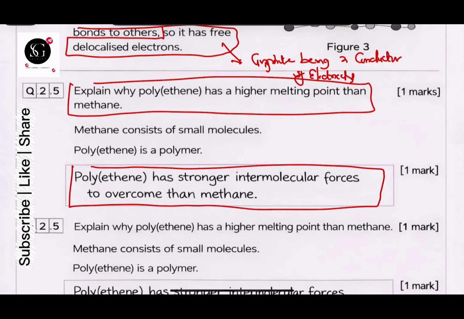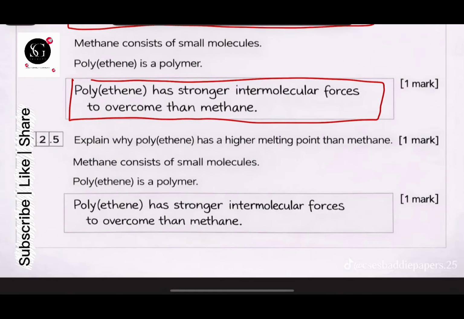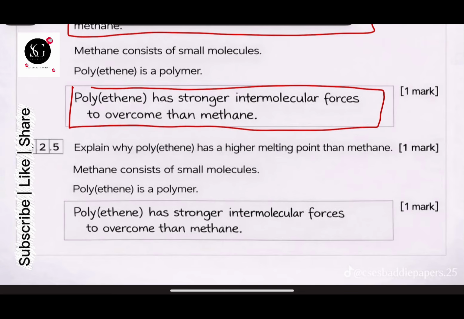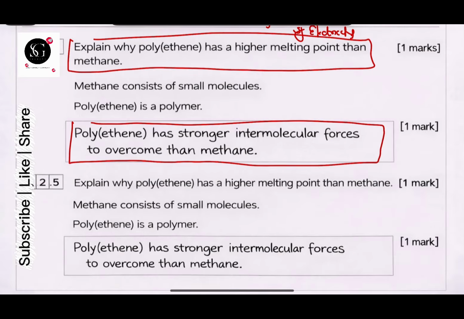Having a strong intermolecular force gives you your answer immediately. Again, explain why polyethylene has a higher melting point than methane. Same principle again. The concept of higher melting and boiling point is the same thing. It's because they have a stronger intermolecular force of attraction. Thank you so much. This is question 2.